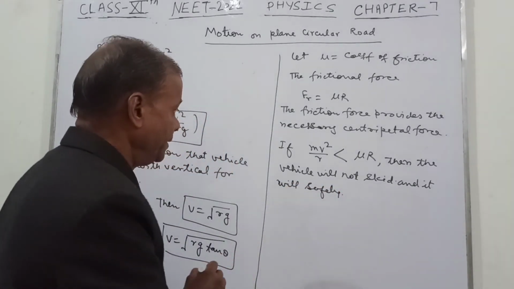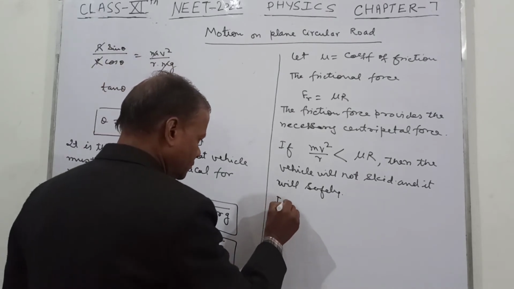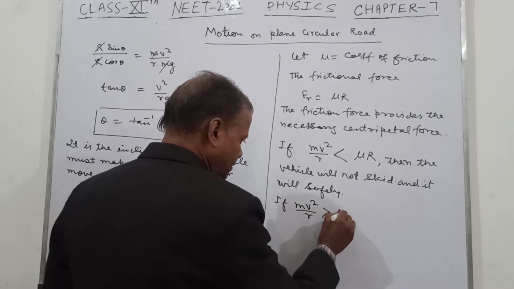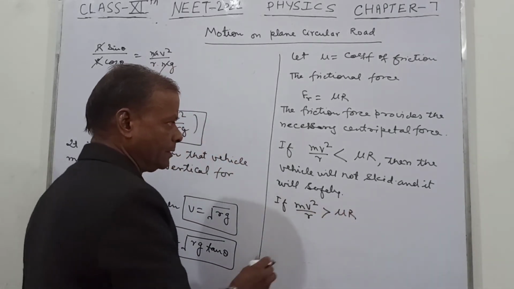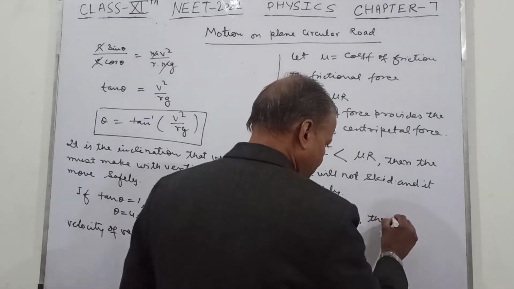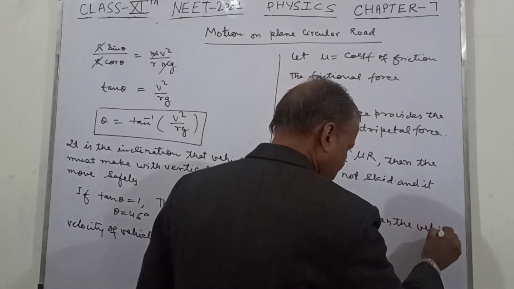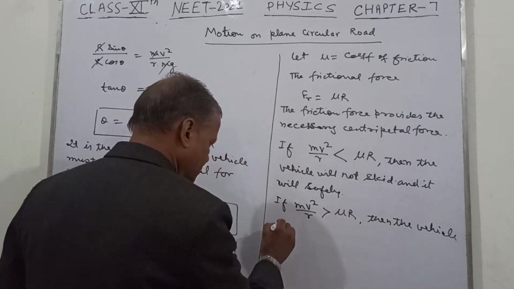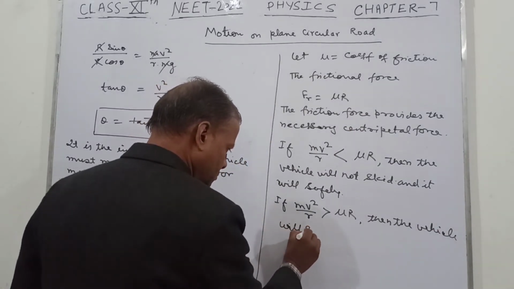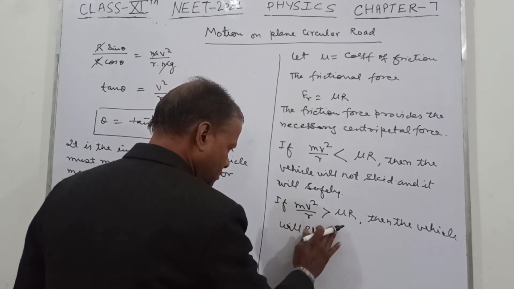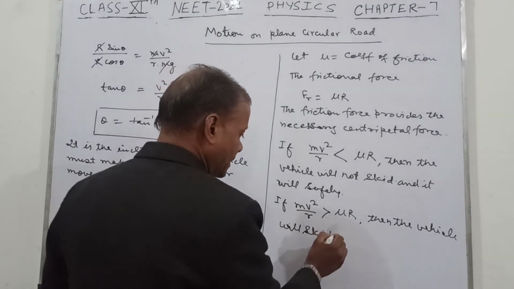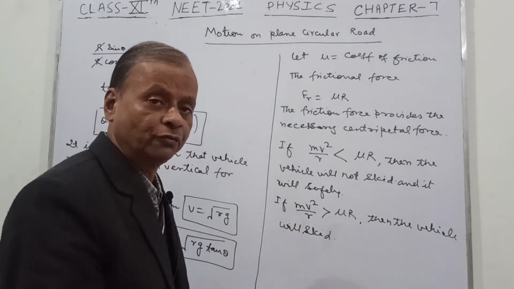If mv square upon r is greater than mu R, then the vehicle will escape, and it may fall down towards the center.